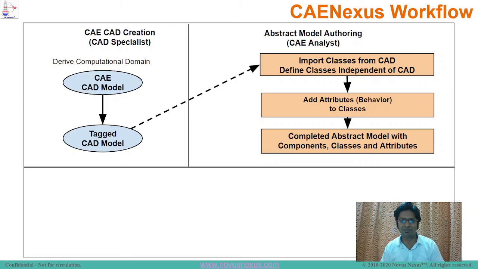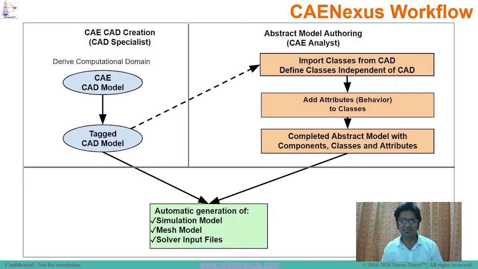Those abstract geometric entities will be used by analysts to set up the physics in the abstract model file with the help of attributes. For example, physics related to your element set, material, boundary condition, loading, contact, everything will be set up with the help of those classes in the abstract model file.